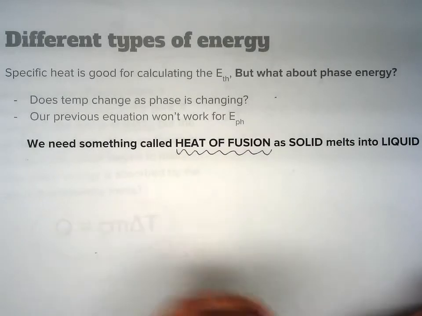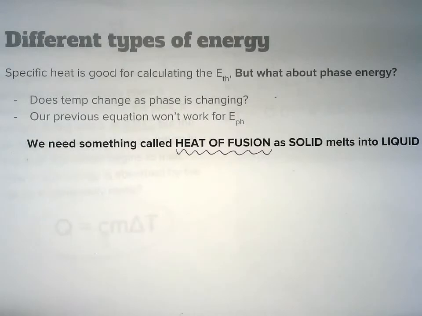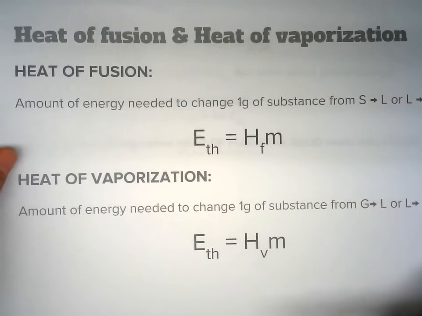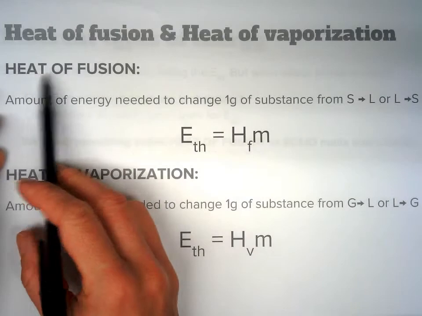Okay, so that's what we call the heat of fusion. It's very similar to the specific heat, but it's how much energy is needed to change a substance, 1 gram of a substance, from solid to liquid or from liquid to solid. So there is our definition of heat of fusion.